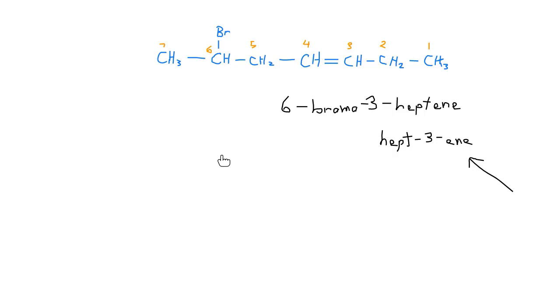So what about if you had something like this? If you have a cyclic alkene like this, where do you have to start numbering?